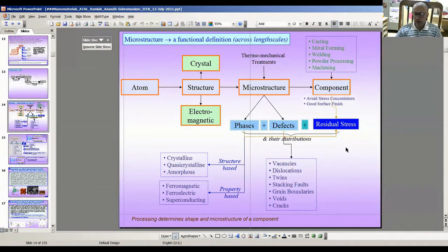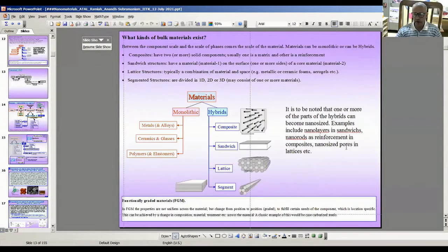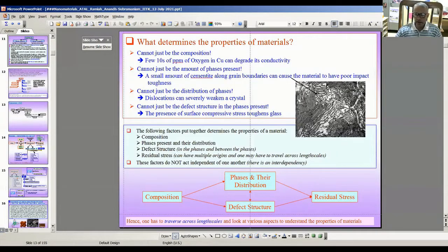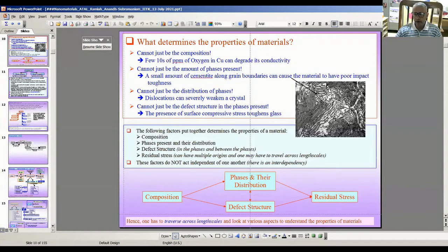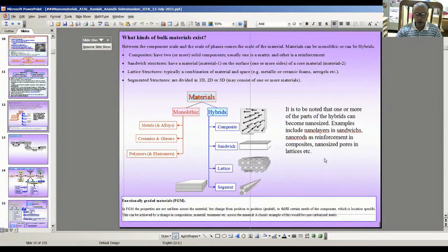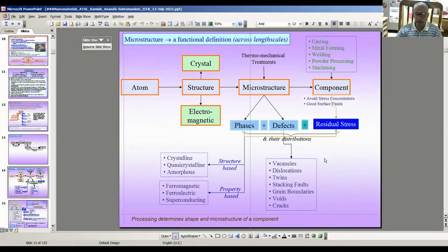Why these distributions are important: we saw that in the steel, there is a lot of cementite, the white structure available in the matrix. This is not proving to be deleterious, but the little amount of cementite along the grain boundary is causing all the problem. Okay. So the distribution is a very important thing. And when I say distribution, I'm also worried about the shape of the structure which is distributing.